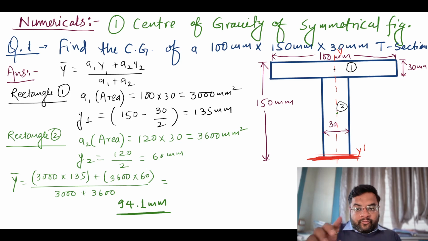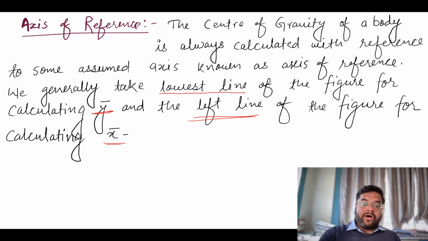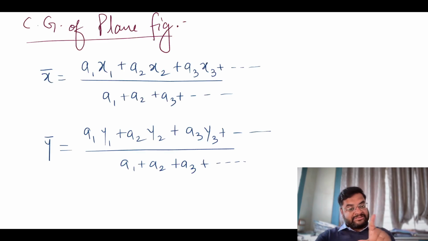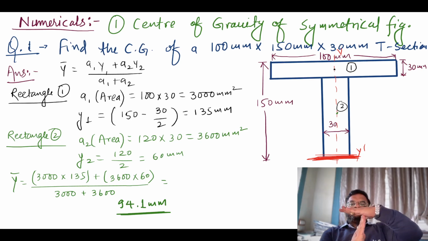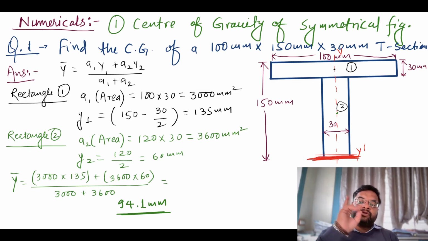So we have to put the formula of y bar, not x bar. The y bar formula is a1 y1 plus a2 y2 divided by a1 plus a2. And in this T section we are seeing two rectangles, the upper one and the lower one.